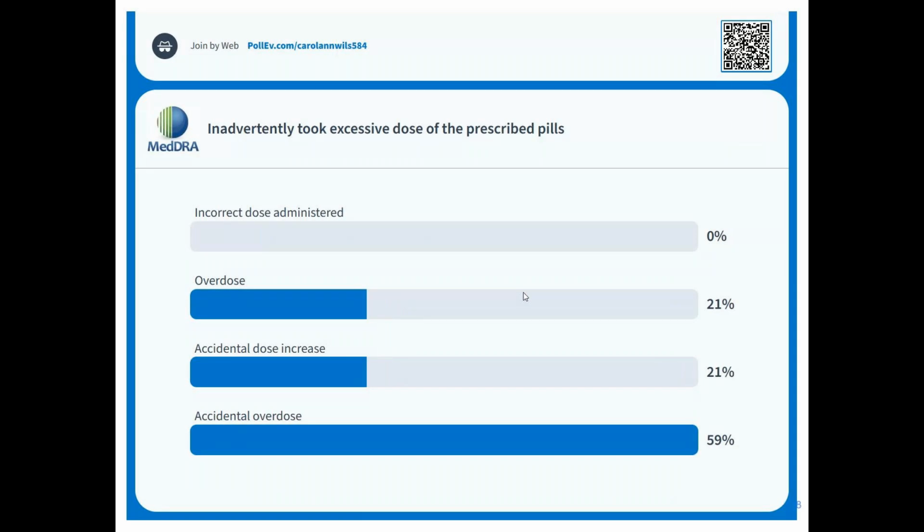So here we know that it was inadvertent, so accidentally the patient took an excessive dose of the prescribed pills. Accidental overdose. Excessive dose, this is exactly the wording in the concept description. So it's not just an accidental dose increase, but an excessive dose is considered an overdose based on the concept description.